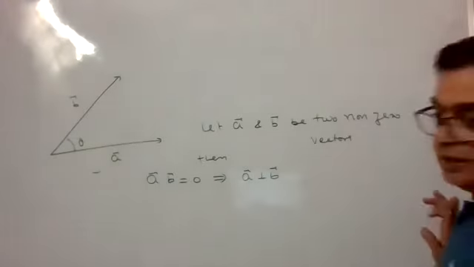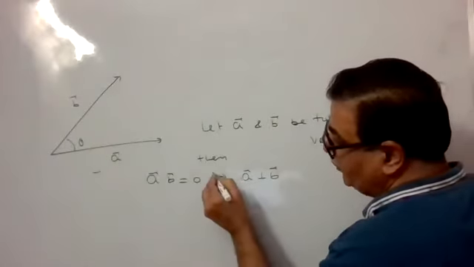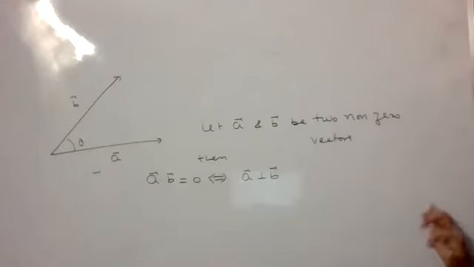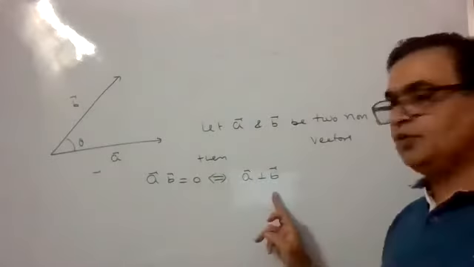And one more thing, if A is perpendicular to B, then the dot product is also 0. So it implies both ways.